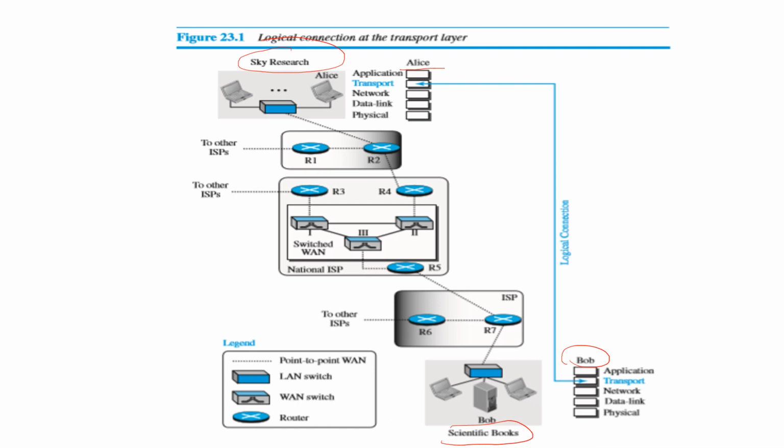When the logical connection is established, the two companies start communicating at the transport layer as though there is a real connection between the transport layer of the source and the transport layer of the destination. The transport layer never comes into the picture in between, at the routers which we are using in the network.